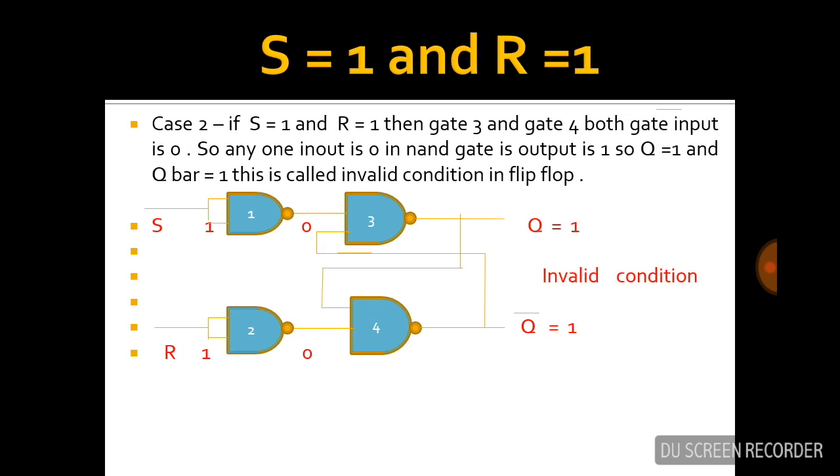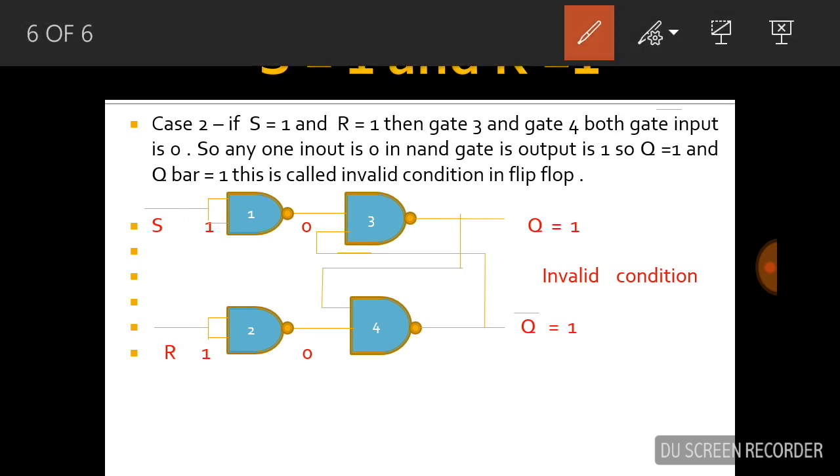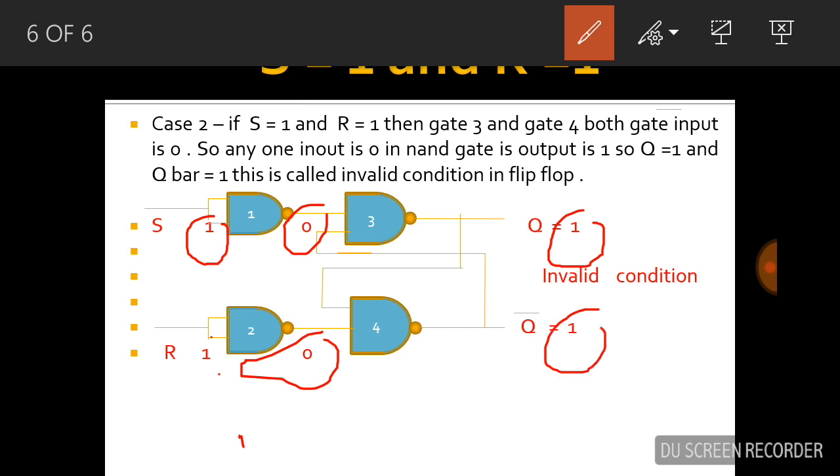The next and last step is if S and R are equal to 1. Here S is equal to 1 and R is equal to 1. So both the NAND gates' outputs become 0. Our condition is that in a NAND gate, if any input is 0, the output is always 1. So the outputs of both NAND gates are 1 and 1.